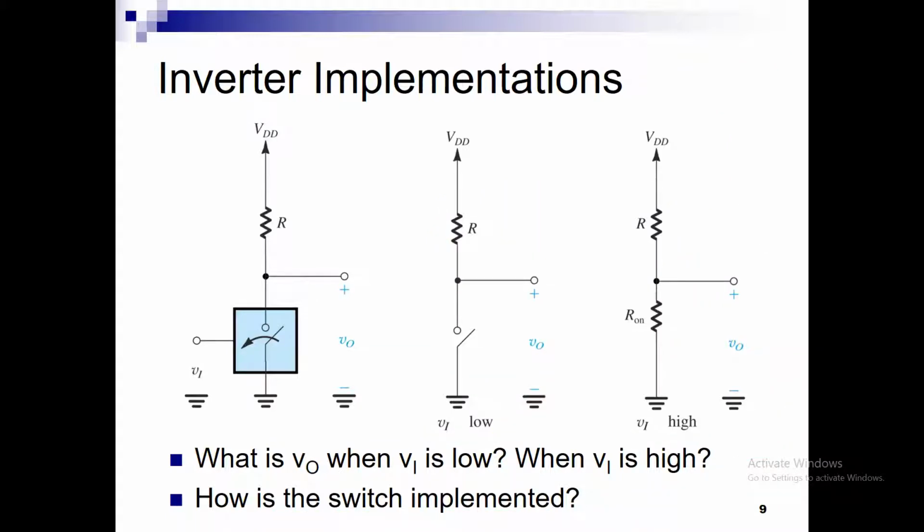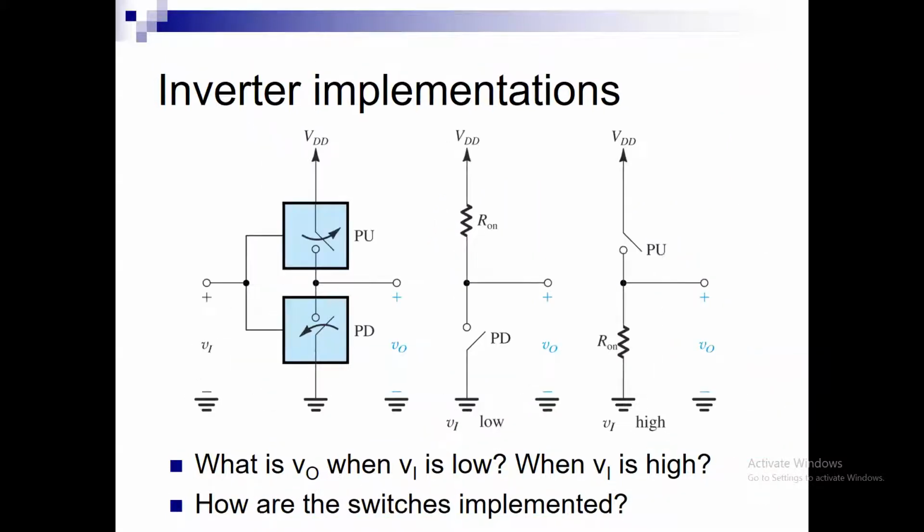Okay, this is one implementation for the inverter. Another inverter implementation is to use complementary switches, where these switches respond differently to the polarity of the input. Meaning the pull up is active low, and the pull down is active high.